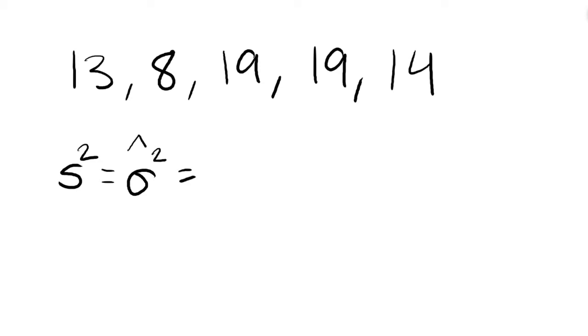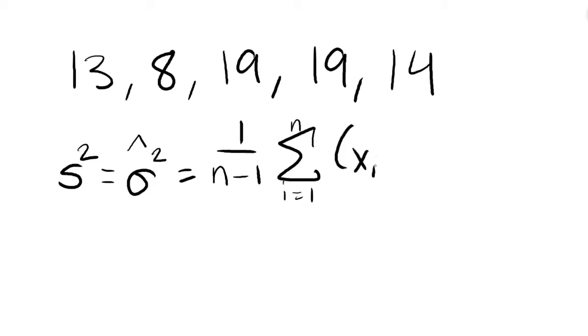But the formula that we would use in this case would be 1 divided by n minus 1 times the sum where i is equal to 1 to n, where n is the number of numbers we have, of xi minus x bar squared. x bar is our estimated mean.